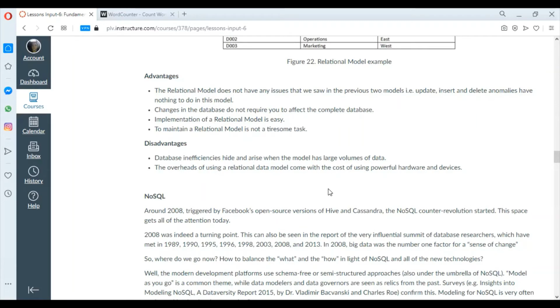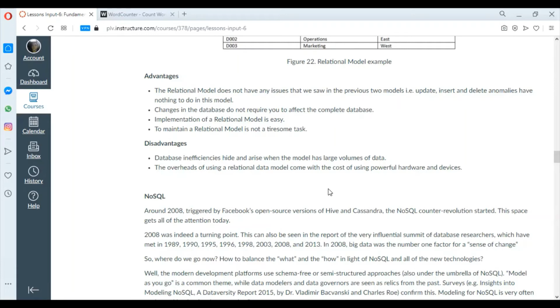Now, the database model that we will tackle, called NoSQL, is a form that is currently popular today to manage large sets of data.